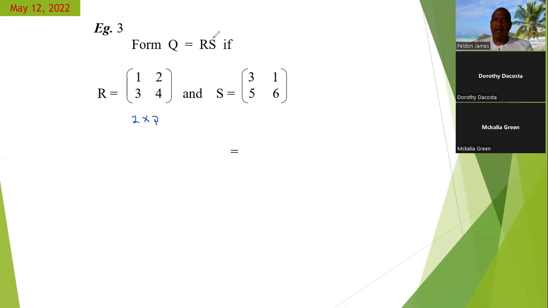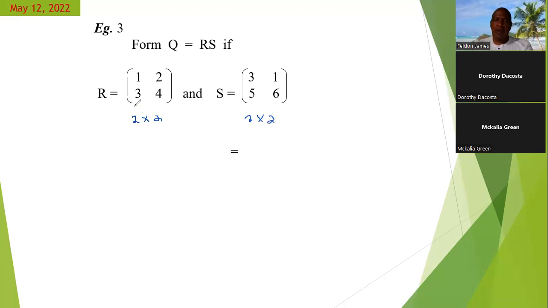Looking at the other matrix, we have 2 rows, 2 columns, all right? And remember that rows run across. So think of the rows as a straight line running across the numbers, and columns would be 2 vertical lines running down. So for this one, we have 2 rows by 2 columns.